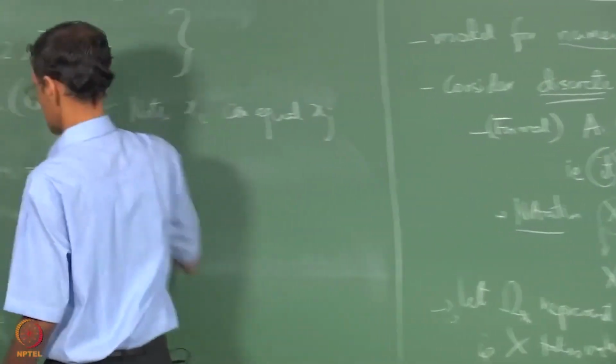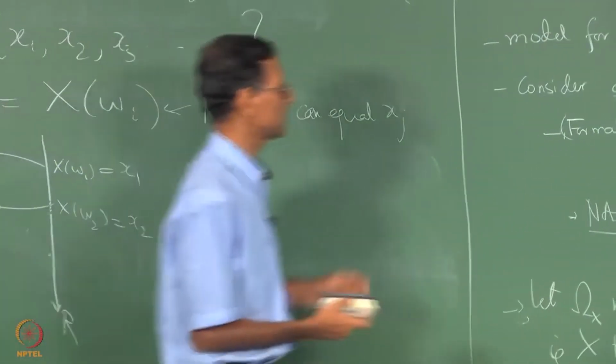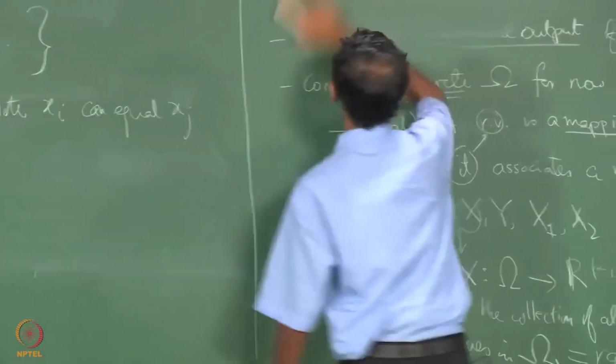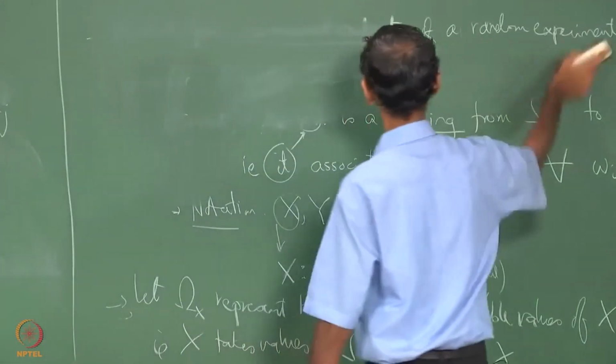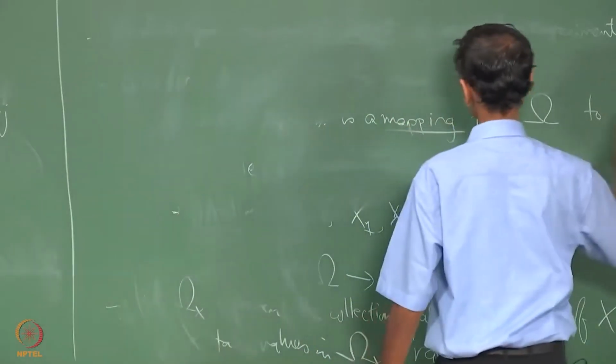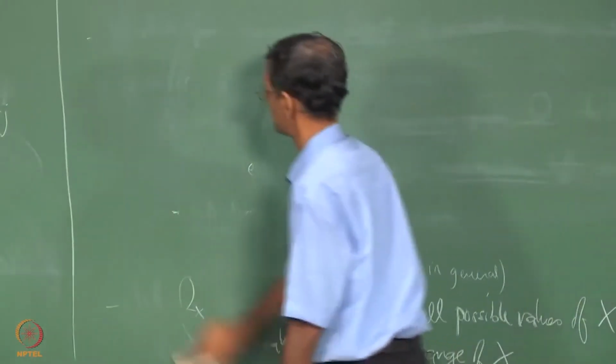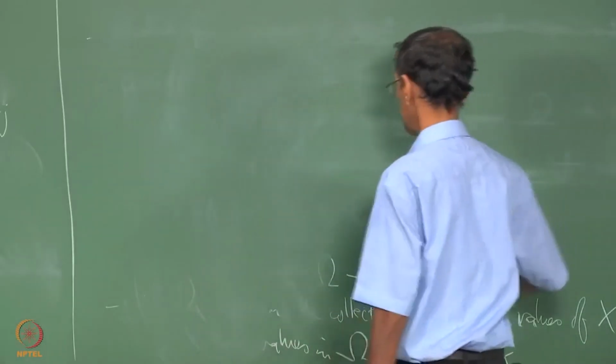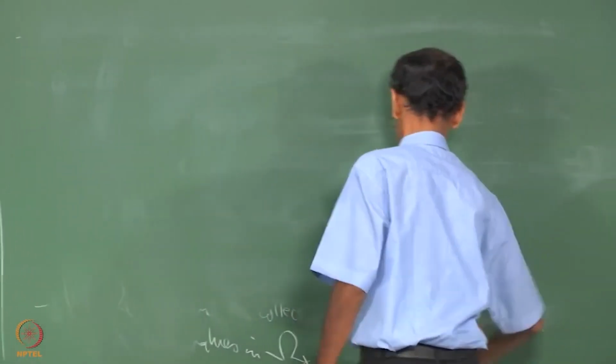Okay, so let's look at the most important concept or the most important property induced by this mapping, this x. So you have what is called the probability mass function.